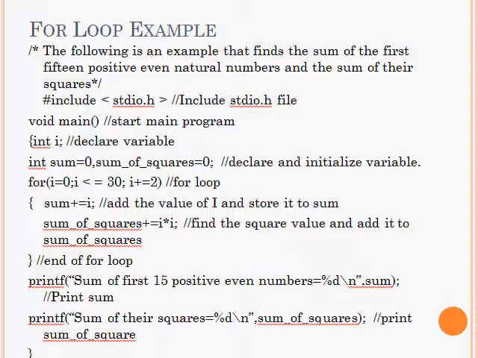So if you remember from that sample block of code, we had I as the counter that would count from the first number to the 15th number, and for as long as I was being counted, we would have another variable that we declared as sum that would continue to add itself with the new value of I, and then the sum of squares would add itself to the square of I, and then at the end of the loop it would print the last value of sum and the last value of the sum of squares.